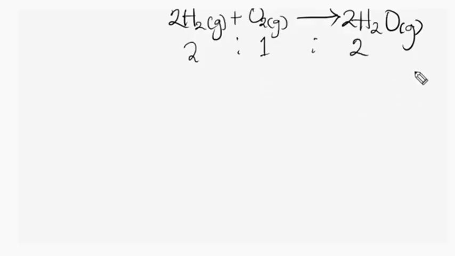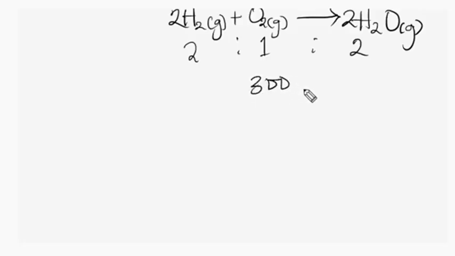So they said in the reaction above, what volume of hydrogen would be left over when 300 cm cube of oxygen and 1000 cm cube of hydrogen are exploded in a sealed tube? So guys, 300 cm cube of oxygen was used here.